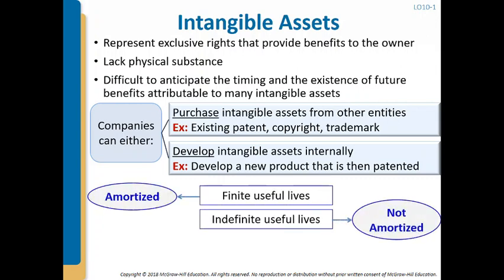On top of that, some intangible assets have a finite life, in which case you're going to amortize them, whereas some intangible assets have an infinite life. So you don't amortize those, you simply review each year and determine whether or not the useful life of the intangible asset has been impaired.